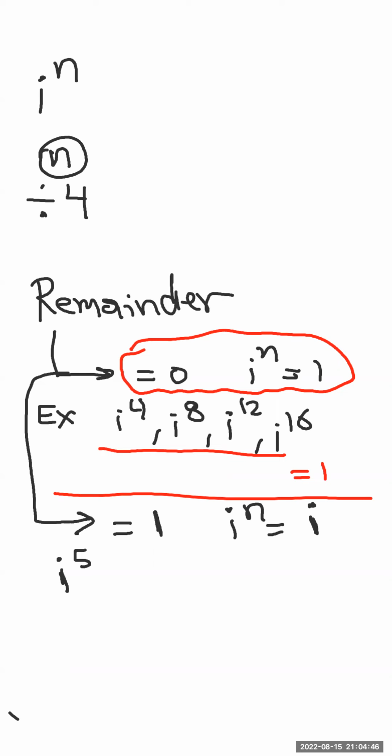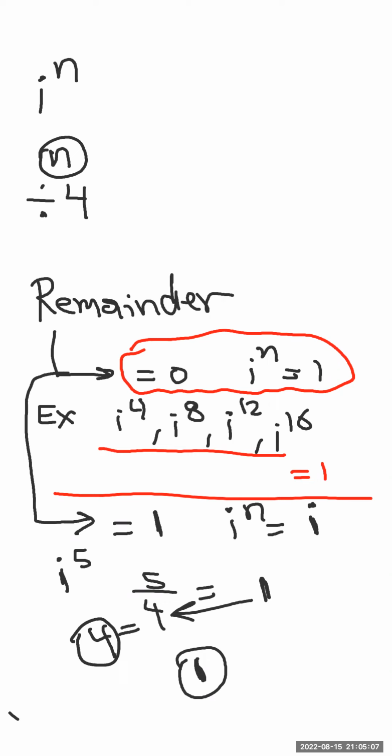Now divide this power by 4. 5 divided by 4, the nearest integer result is 1. Then what about the remainder? 1, because 1 times 4 equals 4. So what will be the remainder from the 5? 1. So i to the power 5 will equal i.